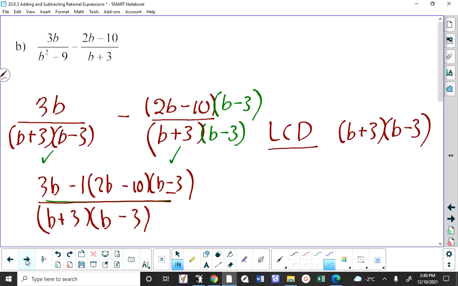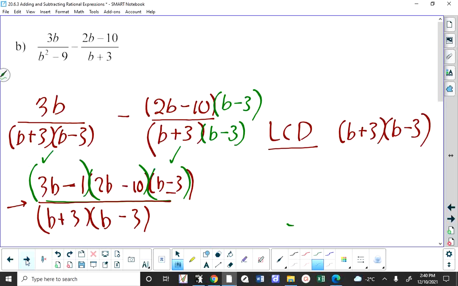B minus 3 is not a factor of the numerator right now because there's 3b minus 1 screwing things up at the beginning. B minus 3 in this line is only a factor of the numerator if you could write it as b minus 3 in its own set of brackets times everything else being in its own set of brackets.